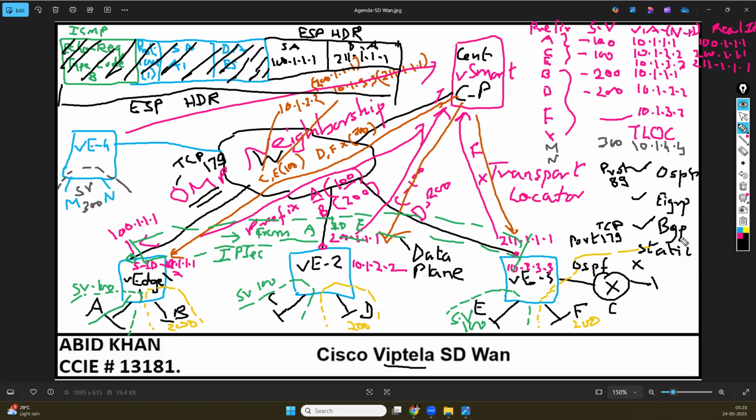In BGP we have various attributes, in OMP also we can have various attributes. Similar protocol, but a proprietary protocol of Viptela. And today OMP has become a proprietary protocol of Cisco because Cisco has taken over Viptela.